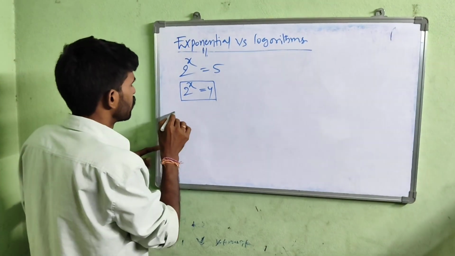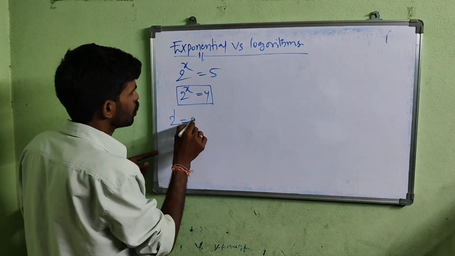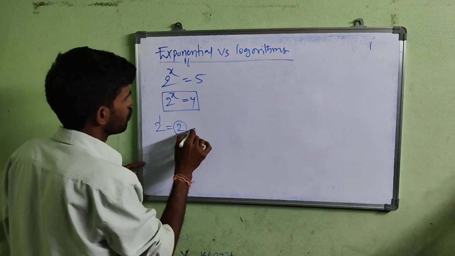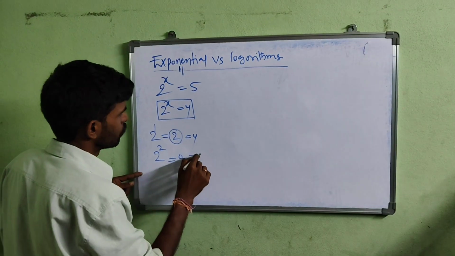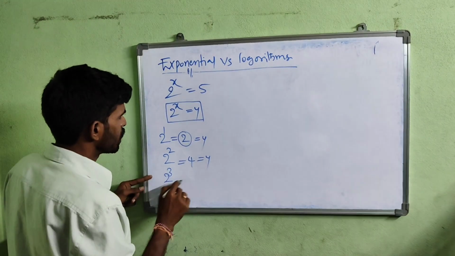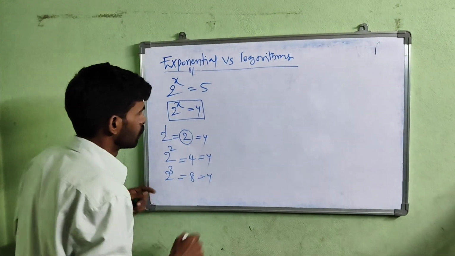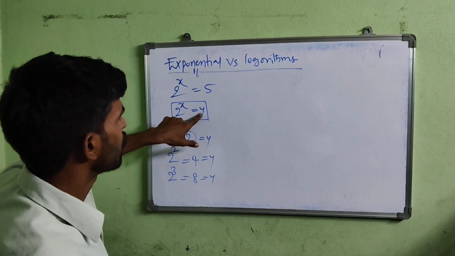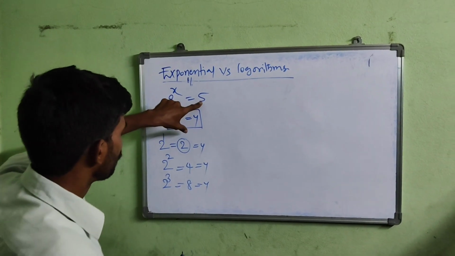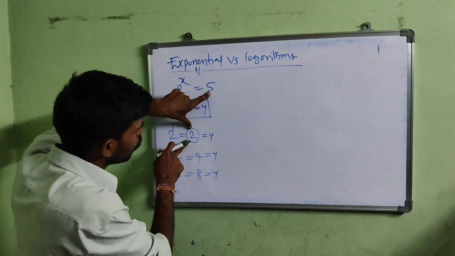For example, 2 power 1 is equal to 2, so the y value is 2. 2 square is 4. 2 cube is equal to 8. What is the actual x value when y is 5? Here we have 2, 4, 8.